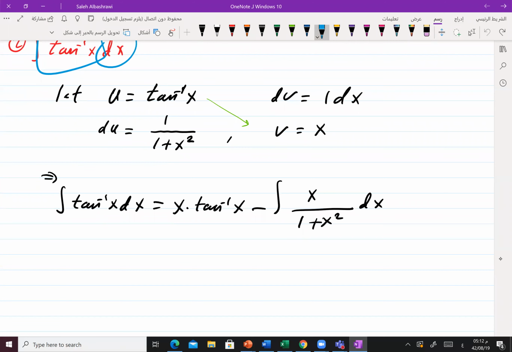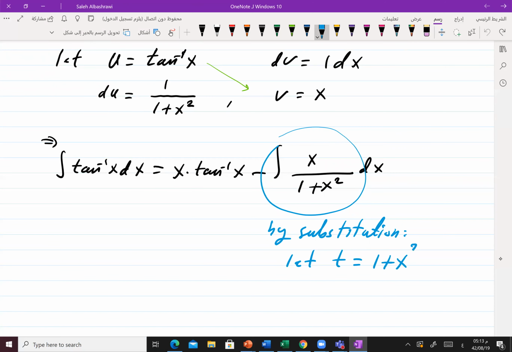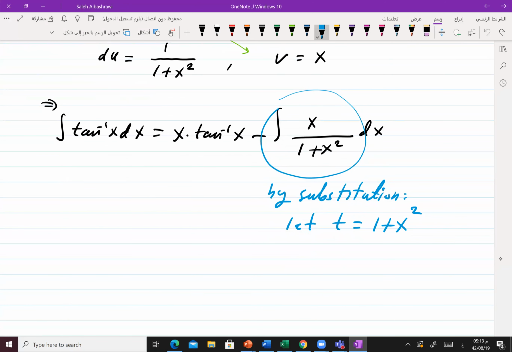Now the second part, this integration, can be done by substitution. Let t equal 1 plus x squared, the denominator. Then dt is equal to 2x dx, or dx can be written as dt over 2x.